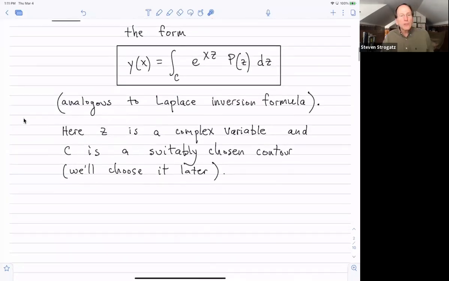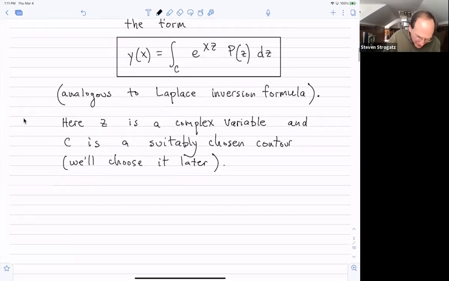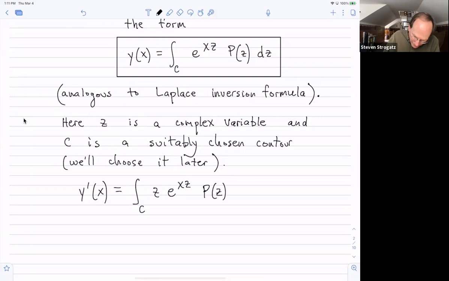All right, so let's do this using the fact that x is playing the role of a parameter in this integral, and we can, with abandon, differentiate inside the integral sign to calculate y prime of x. Differentiating under the integral, you get the integral over C, which brings down a factor of z: z e to the xz p of z dz.